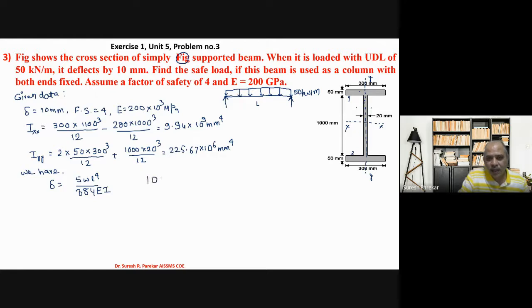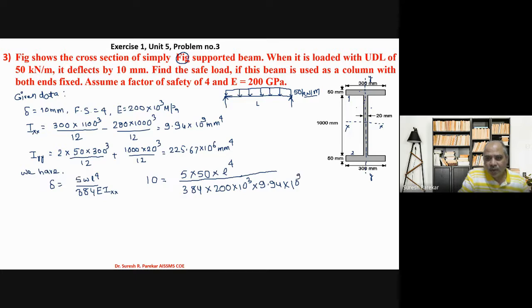So we have 10 equal to 5 into W, we have 50 kilonewton per meter, which is the same as Newton per millimeter, into L4, where L we have to find out, divided by 384 into E, which is given 200 into 10 raised to 3, and this is our Ixx, that is 9.94 into 10 raised to 9.